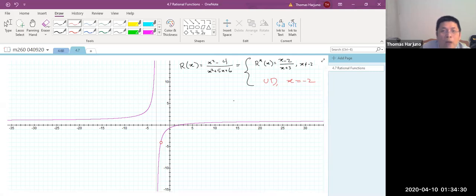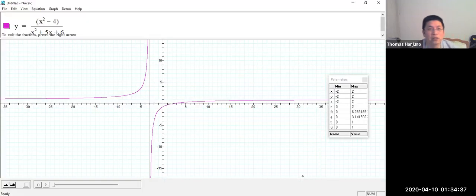Okay, now let's go back to my graphing software. Now notice that this is the graph for x squared minus 4 over x squared plus 5x plus 6, and we see a hole here. Are you with me?